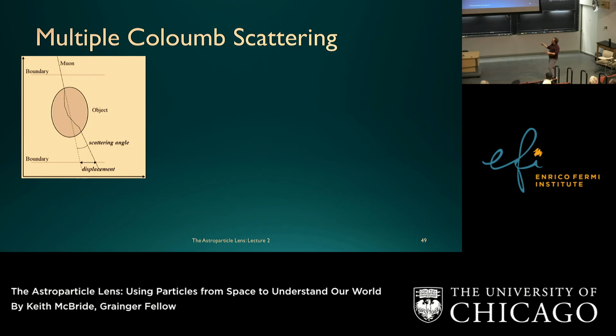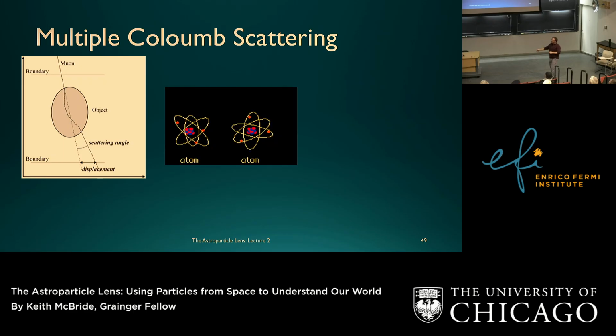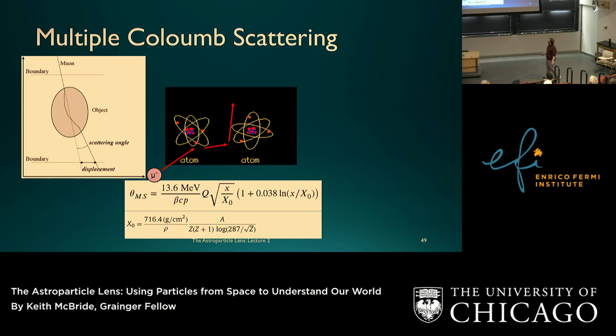In that regard, if you measure a muon above and below an object, you can measure the deflection of that muon. We know really well how this works, because it's a muon of some known energy, right? We can say what happens to it in a kind of material we want, where it deflects off of the atoms. And we can say how much displacement from no deflection to deflection we have.